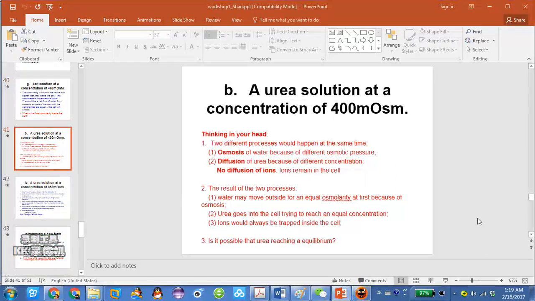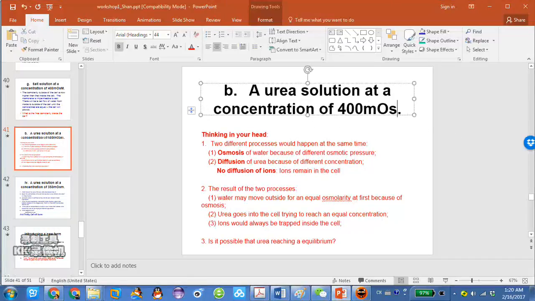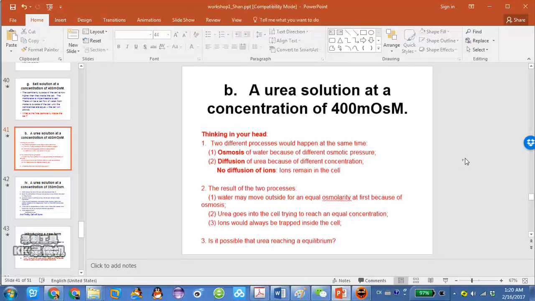Next, we're going to take a look at the two scenarios with urea only in the outside solution. Scenario B, a urea solution at a concentration of 400 milliosmolar. Still, it should be a capital M. Okay, this is a pretty challenging scenario.